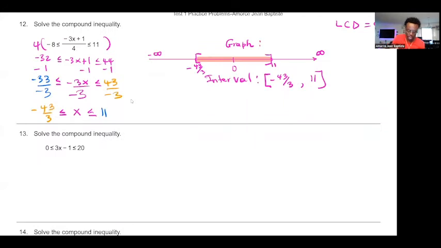Now, let's see this one here. Easy. That one is the easiest ever. Add 1 on all sides. That's 1 less than or equal to 3x less than or equal to 21. Divide by 3. And then we got 1/3 less than or equal to x and less than or equal to 7.